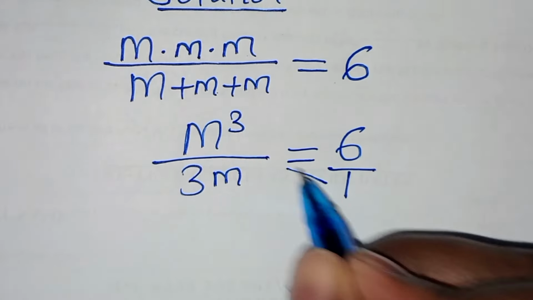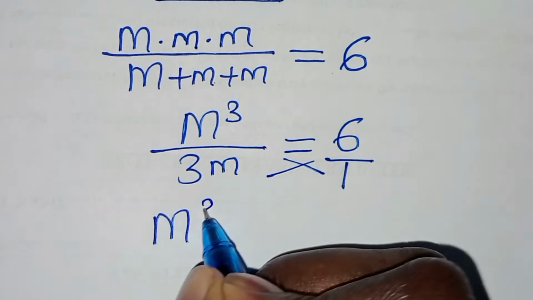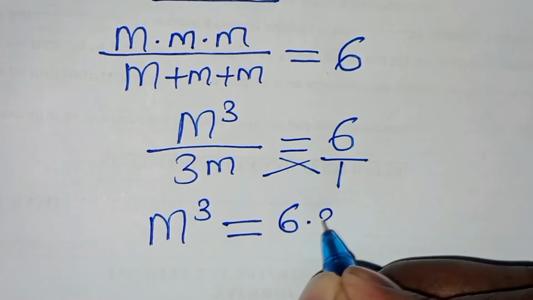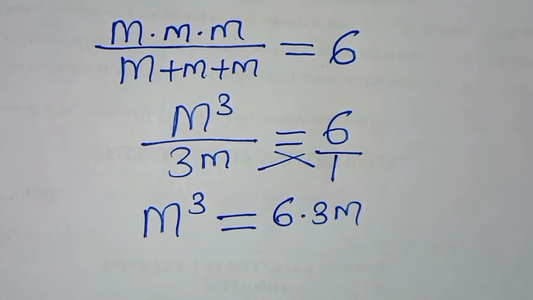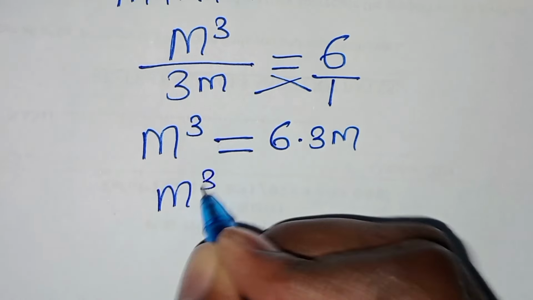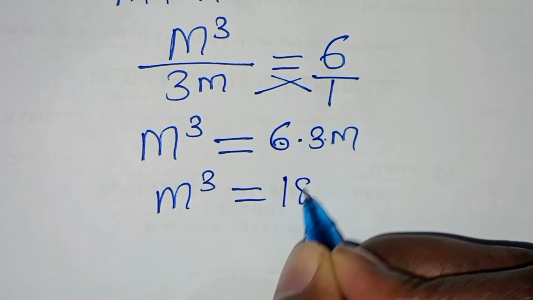The next step is to cross multiply, so that we have m to the power of 3 equal to 6 times 3m, which is 18m.